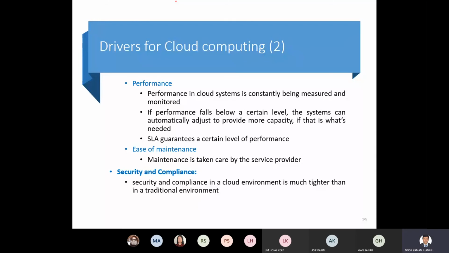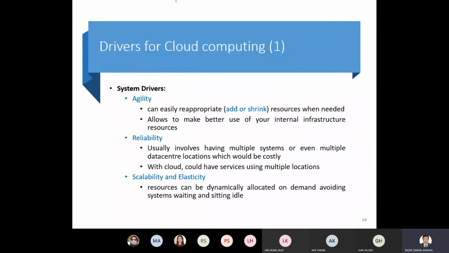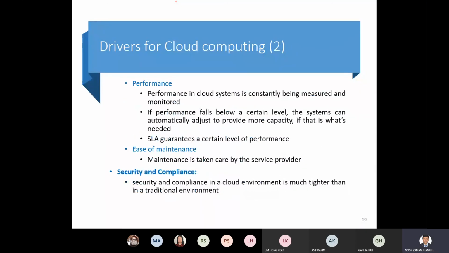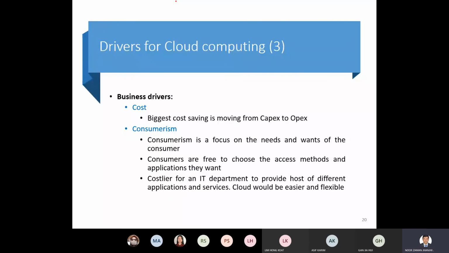Standard procedures are there, so they provide a guarantee that a certain level of performance will be there. So ease of maintenance, higher performance, and security and compliance are not an issue, as we discussed previously as well. So these all are the factors attracting people.